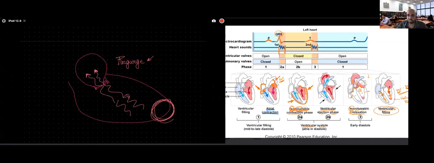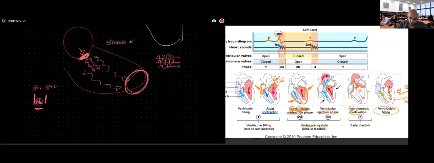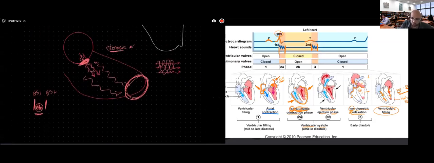So which defect will cause a turbulence in the blood flow during ventricular contraction? If I have a stenotic mitral valve, when I contract the ventricles, would there be any turbulence in the blood flow? When I contract the ventricles, I push the blood out, and the AV valve is going to be closed.